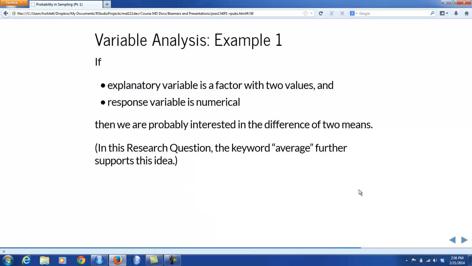Now, in a situation where your explanatory variable is a factor with two values, and the response variable is numerical, then quite likely you're going to be interested in the difference of two population means. Also in this research question, the term average occurred, and that further supports the idea of being interested in means.